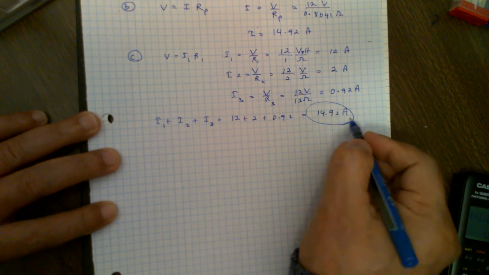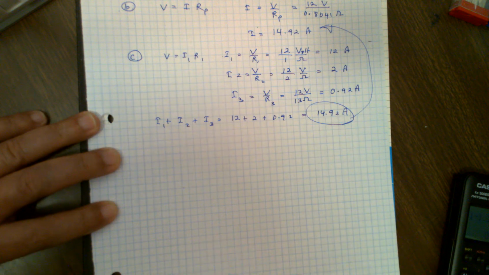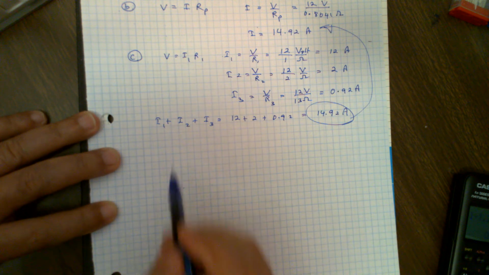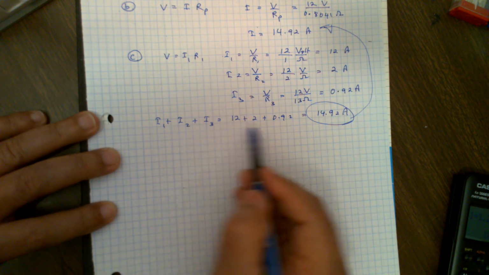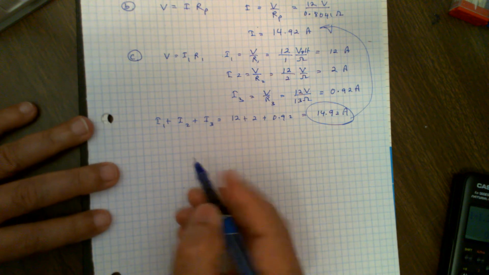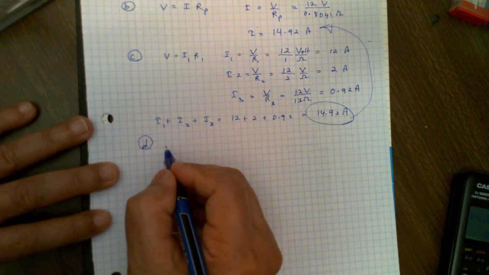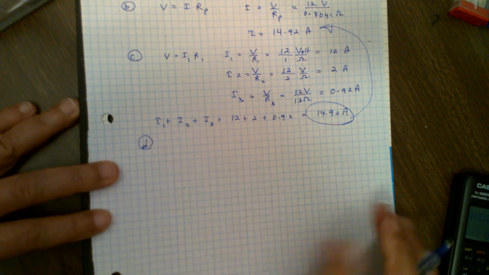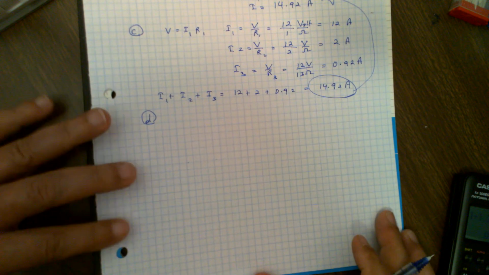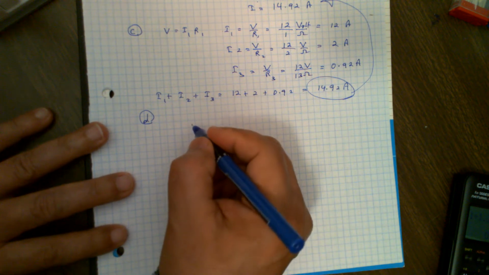You see, so this is the same as this number, right? So the total current is the summation of all three currents. All right, so that's part C. And for part D, we want to do the power dissipation in each branch or each resistor.